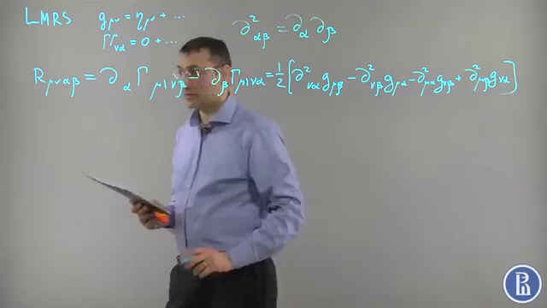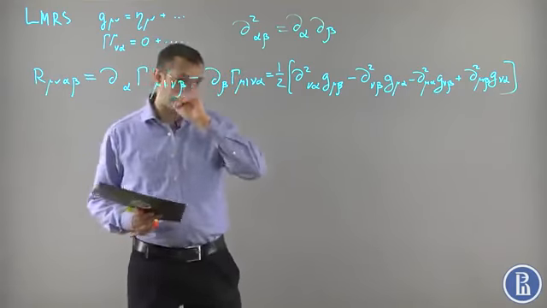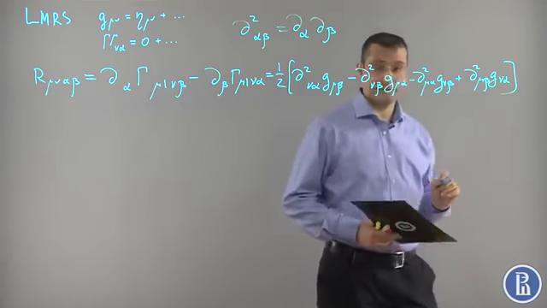So this is how the Riemann tensor looks in the locally Minkowskian reference system.